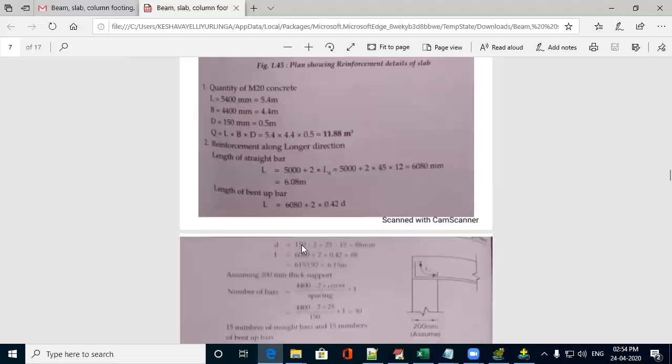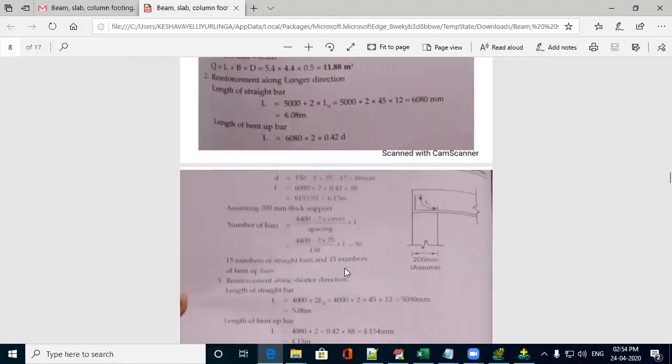That is, total depth is 150 minus 2 times the cover 25 mm minus half the diameter of bar on either side, that is minus 12 by 2 minus 12 by 2, here directly taken as minus 12. So D comes to around 88 mm. Substitute the value of D in this formula, you will get L, that is 6.15 meter.